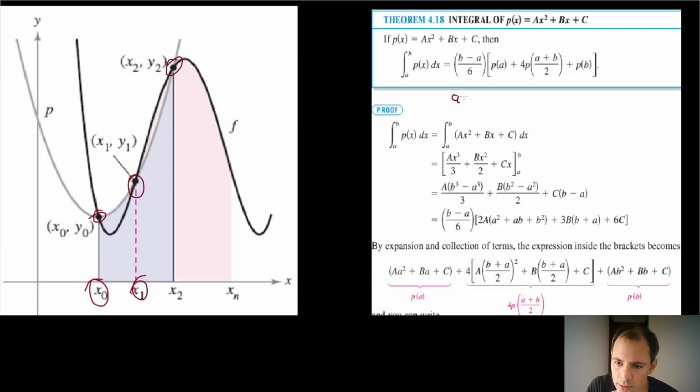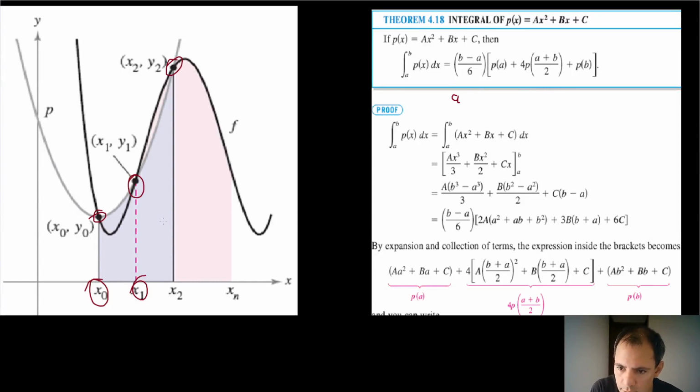So if A is x sub 0, b equals x sub 2. The c point, this point right here, which is a plus b divided by 2, is just going to be c equals a plus b divided by 2, which equals x sub 1.